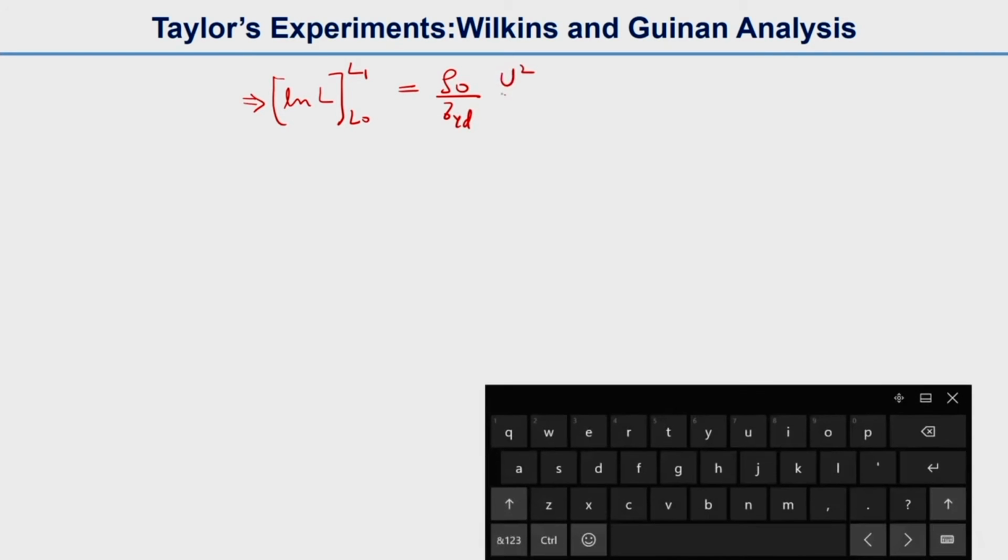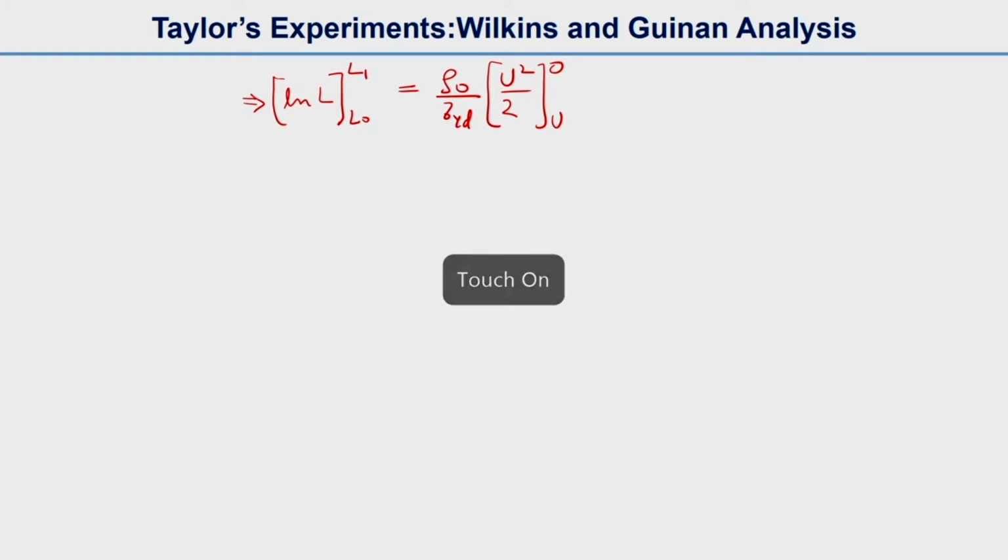This will look like ln L, limit L naught to L1, equals rho naught sigma yd u square by 2, with u going to 0.